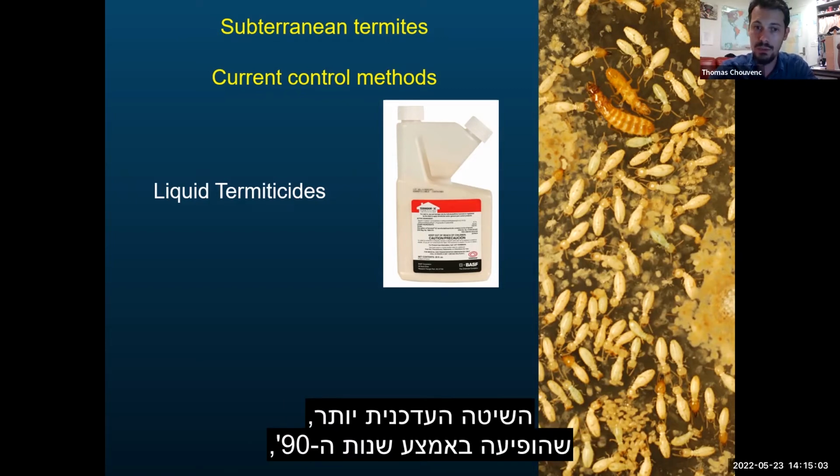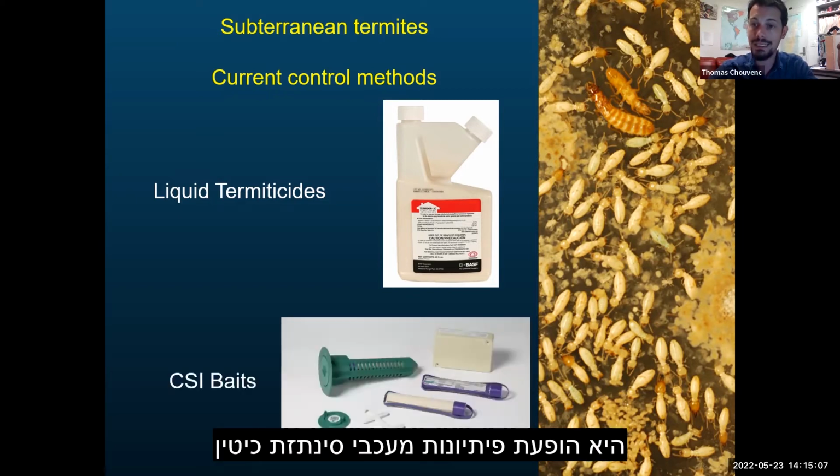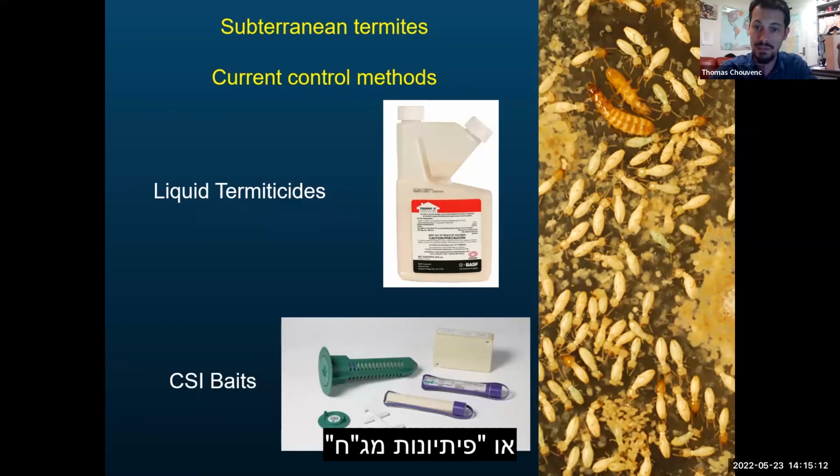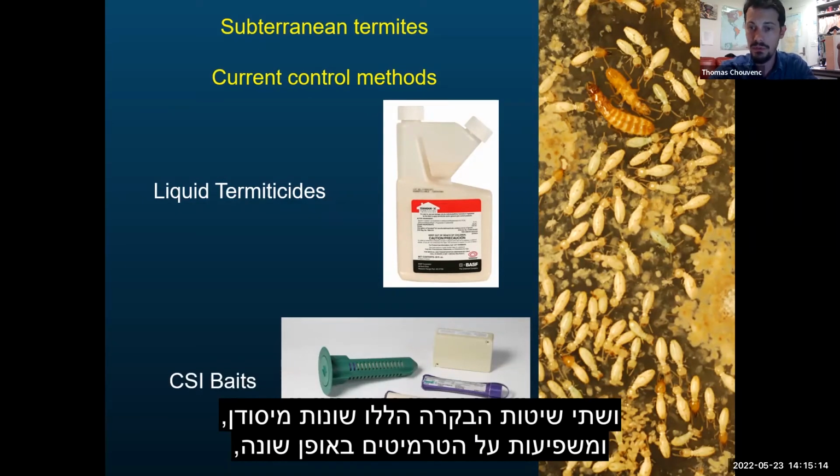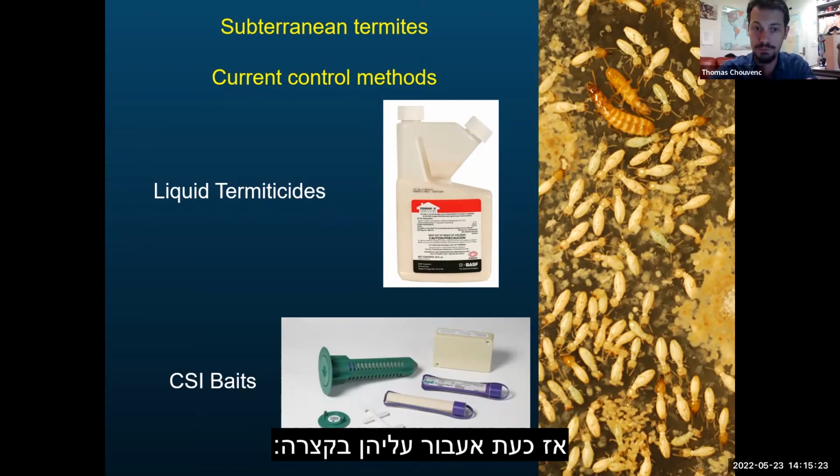The more recent one, which came up in the mid-90s, is the emergence of chitin synthesis inhibitor baits, or CSI baits. And these two methods of control are fundamentally different and impact termite populations very differently. So let me go through it briefly.